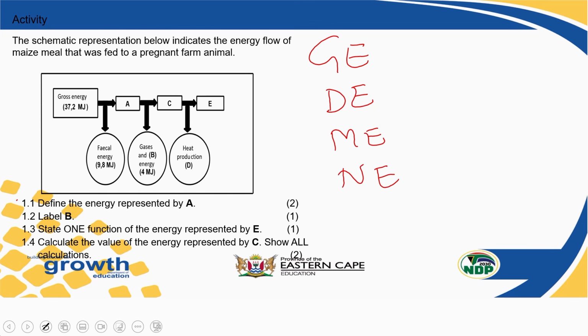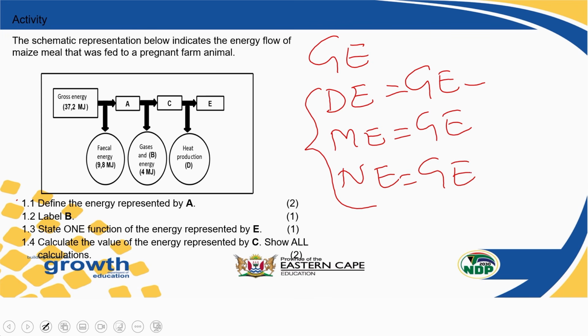And when we're calculating the three, the digestible energy, the metabolic energy, the net energy, we will start by saying it is equal to gross energy minus what is being asked. Gross energy minus what you are required to respond to.